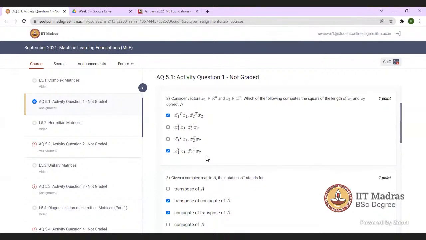As we talked about previously, for complex vectors we cannot directly multiply x transpose into x. That will not give the magnitude for a complex vector, even though that result holds true for a real vector. For the real vector, the conjugate is itself, so whether there is a bar or not makes no difference, since it does not have an imaginary part at all.